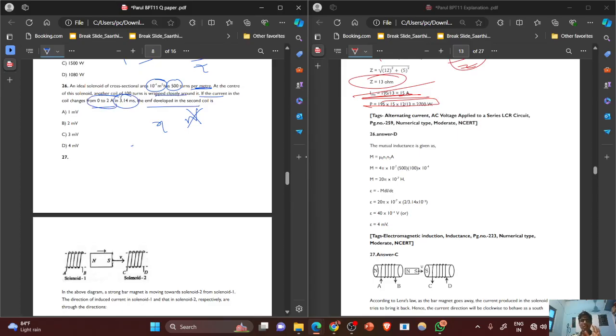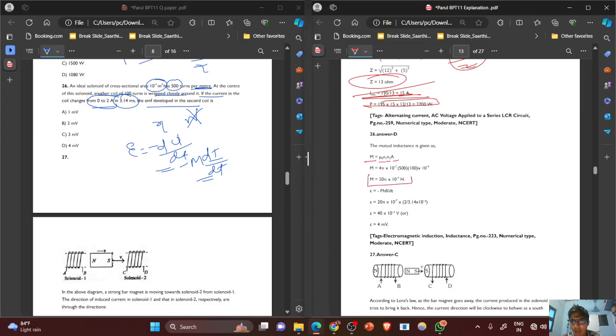It's again a question of EMF, and EMF in the case of mutual inductance is given by minus M di by dt. Looking into the solution, M is given by mu naught N1 N2 by A. Putting all the values, you get the value of M, which is the coefficient of mutual inductance.